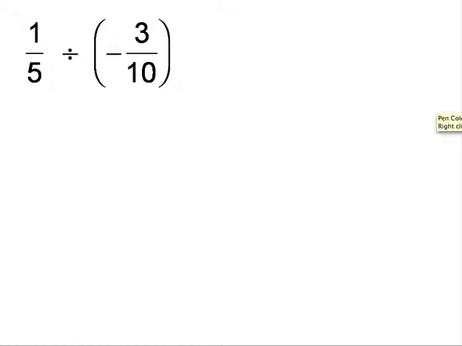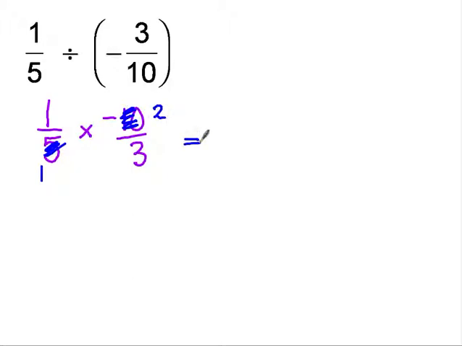Really, what's this problem going to be? 1/5. Yep, negative 10/3. Now it doesn't matter which one the negative goes with. It does matter though when you answer, and we'll talk about that. Can you cancel anything? Yep, what? 5, yep, 5 goes into 5. 5 goes into 10 twice.